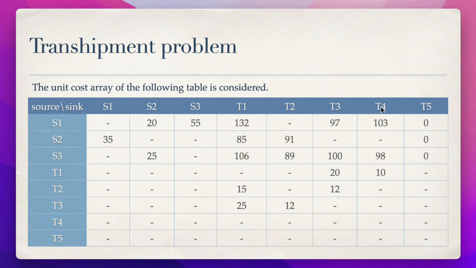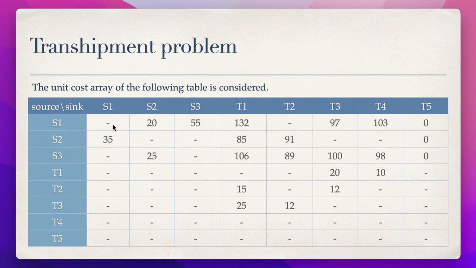And to customer 4, it costs 103. And of course, we can ship between suppliers. From S2 we can ship to S1, and it costs 35. You can see the cost for shipment from this table, and the cost is for 1 unit of product that flows through that direction.